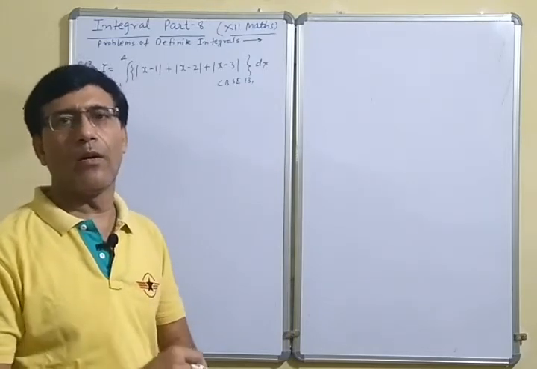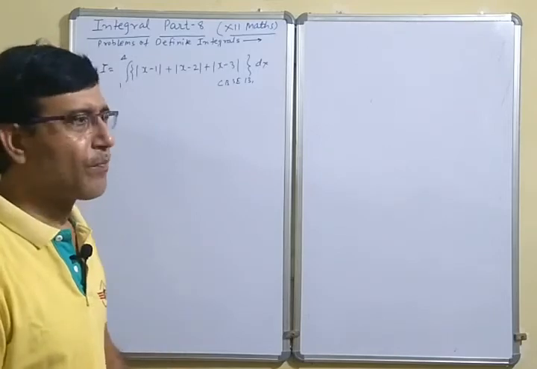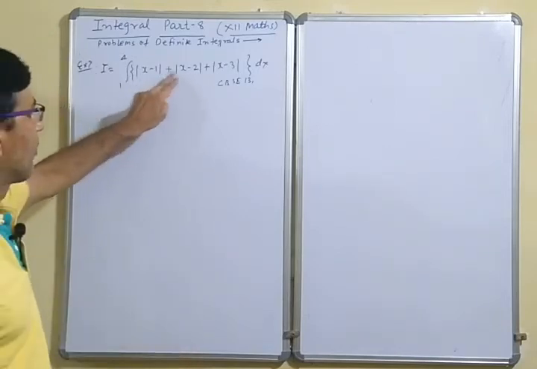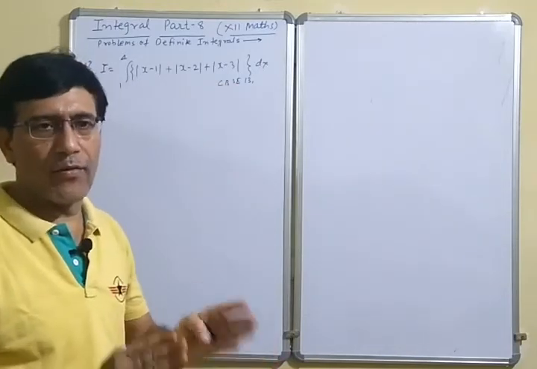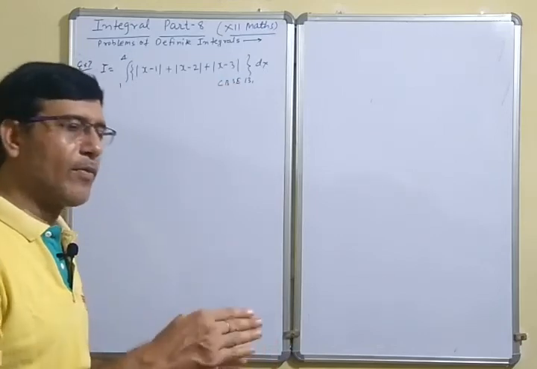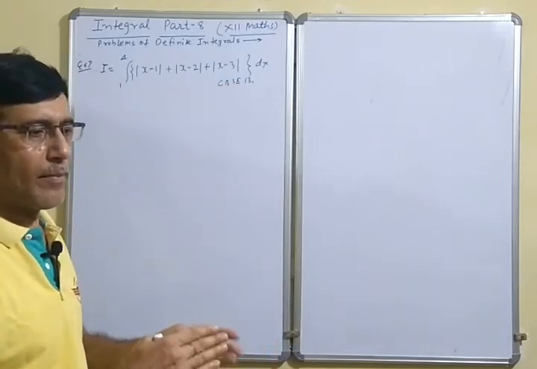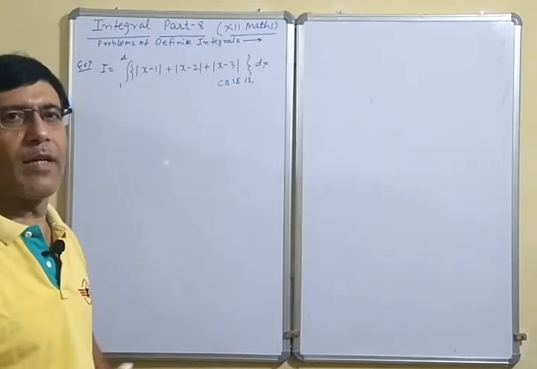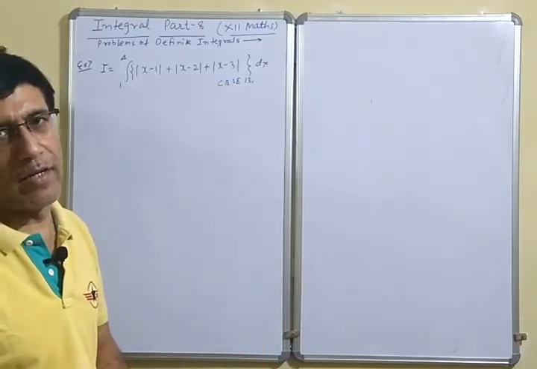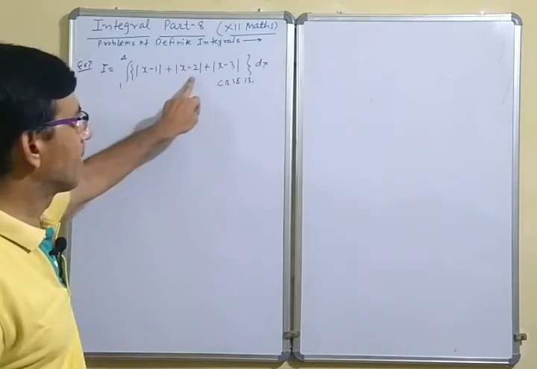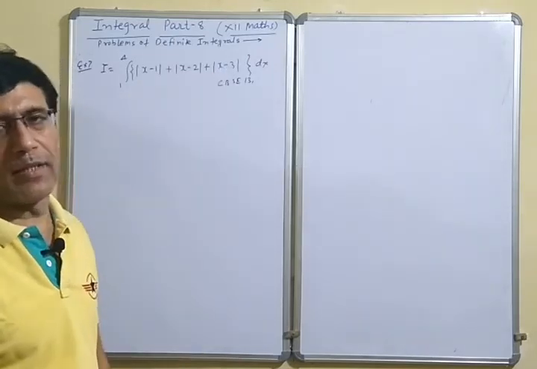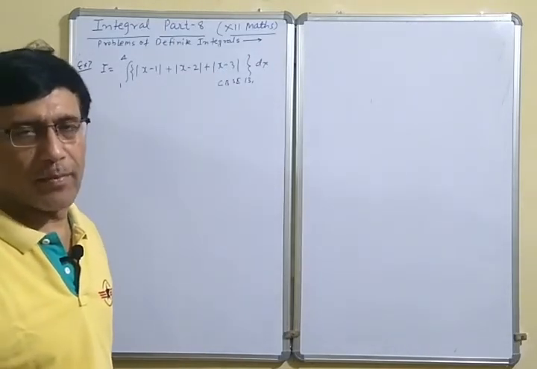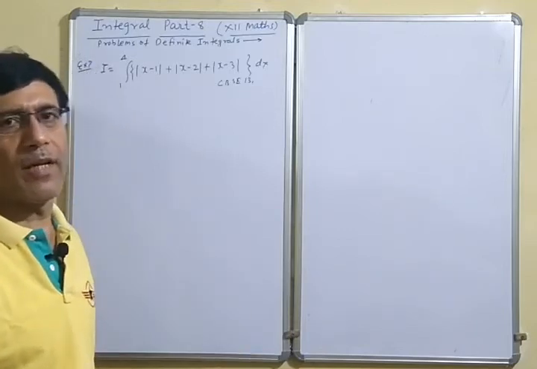Now let us see how we can simplify it easily. These are broken into modulus. If you take them separately and break the intervals, it will take more time. It is better to always find the critical point of each factor given inside the modulus sign, whether it is in the form x plus a or x minus a.